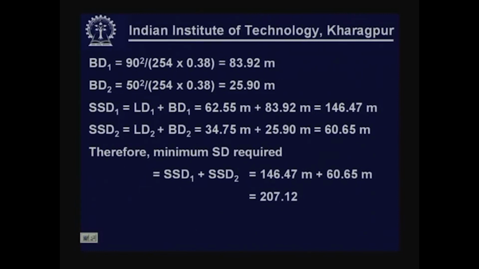So, 25.90. So, the required SSD for the first vehicle is lag distance plus braking distance for the first vehicle. Total is 146.47 meter. For the second vehicle, the required SSD can be calculated in a similar manner, lag distance plus braking distance, and the total is 60.65.